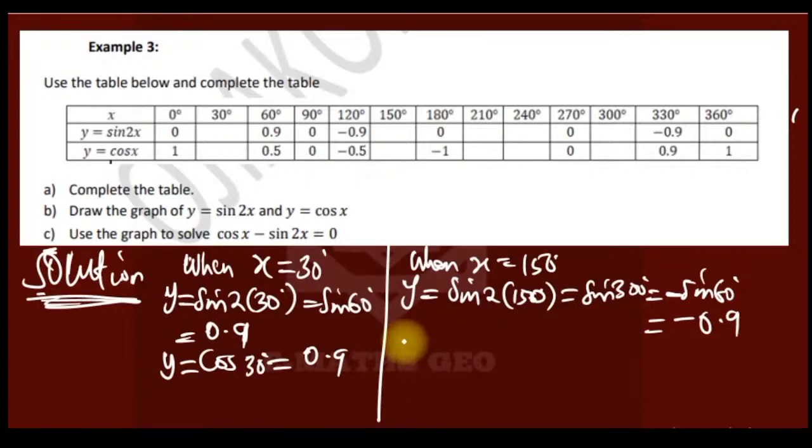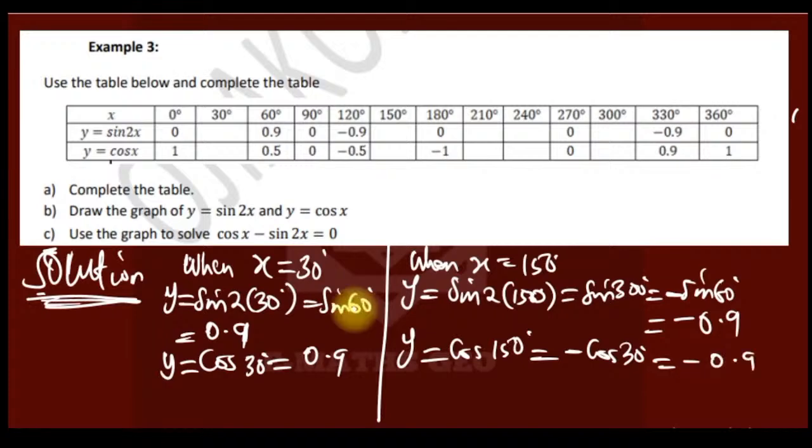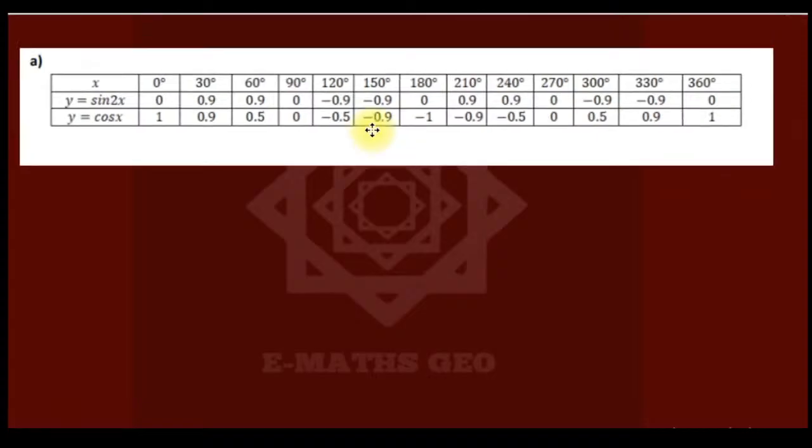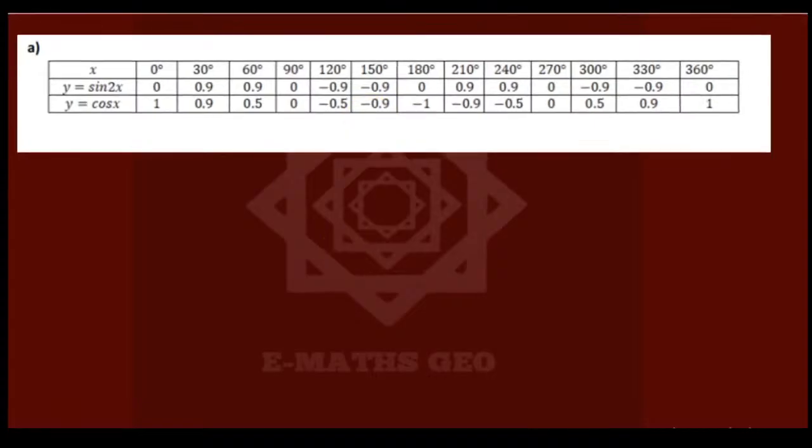For cos, y equal to cos 150, which is the same as minus cos 30, which is minus 0.9. So that's how we fill up the table. No need of wasting time. Let me paste the complete table. We now move to the graph. So that's our complete table.